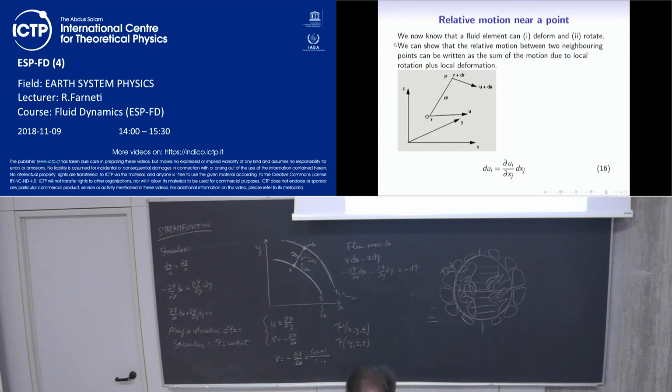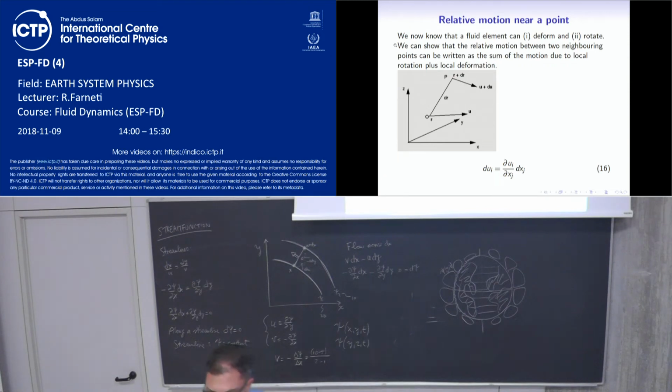Then we looked at the shear strain rates, and we defined the strain rate tensor E. And then we looked at the vorticity, and related to the vorticity the circulation, and then the stream function.